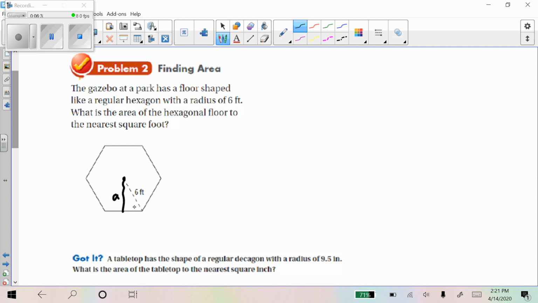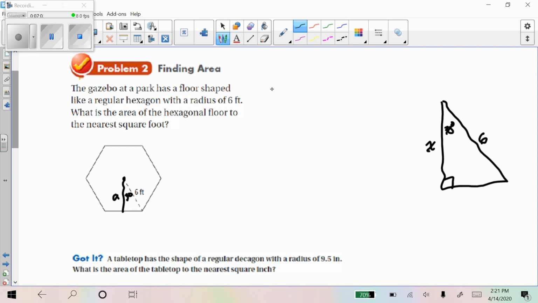So this is a 60-degree angle and a 90-degree angle in that triangle. I'll just blow that up a little bigger here. So to find A, let's call it x now. That's our apothem. This angle is 30 there, and we know that this length is 6. So we have the hypotenuse and we have the side adjacent, so we're going to use the cosine here.